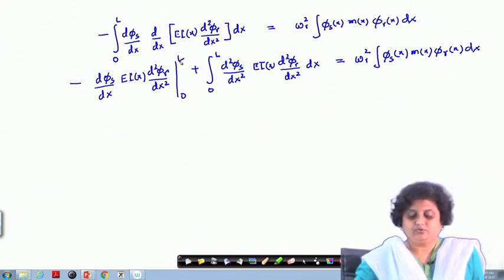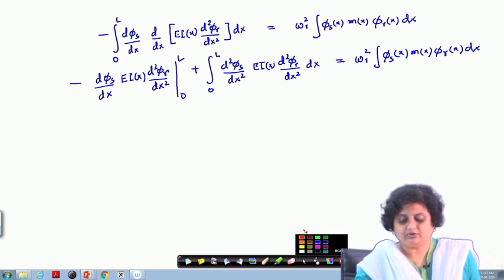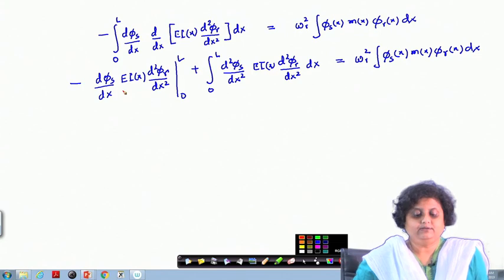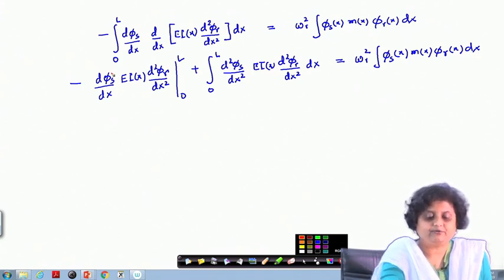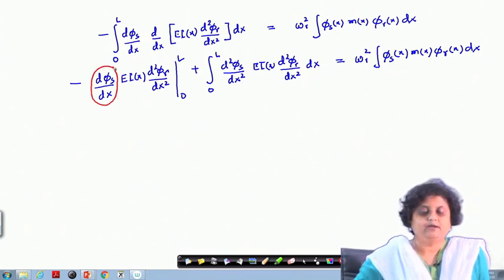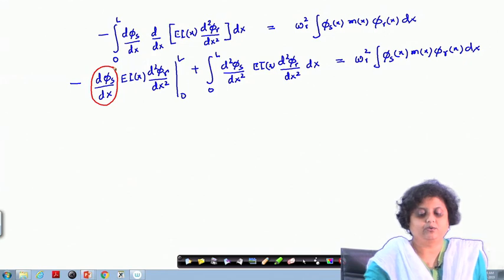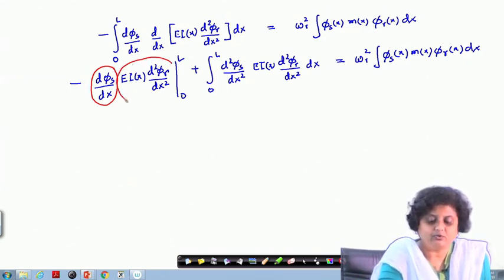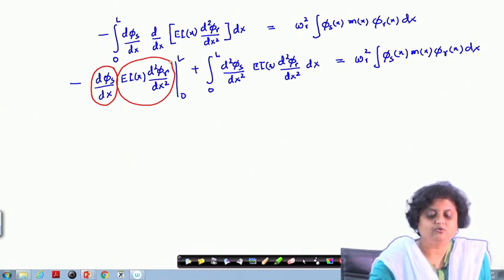Now, let us look into this boundary condition. This boundary condition is also 0 whether it is free, simply supported or fixed. If it is fixed, this part which is the slope is equal to 0, so this whole thing goes to 0. If it is free, then this part which denotes the moment is equal to 0.